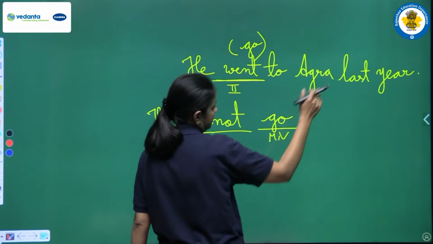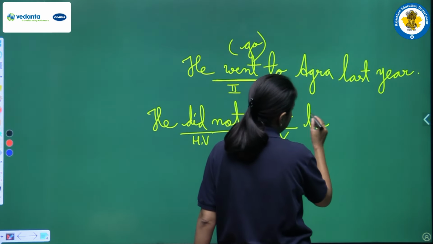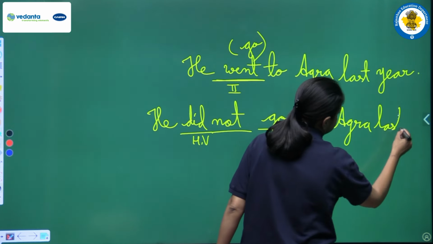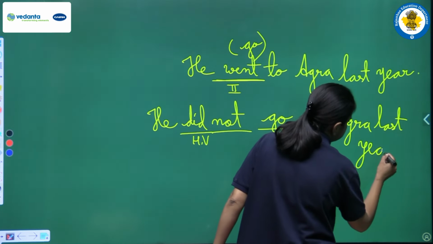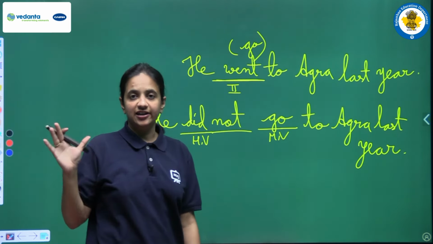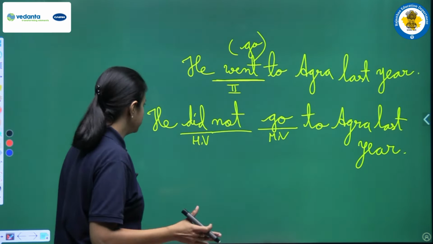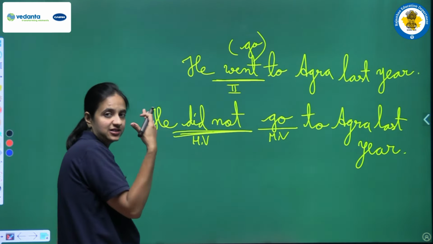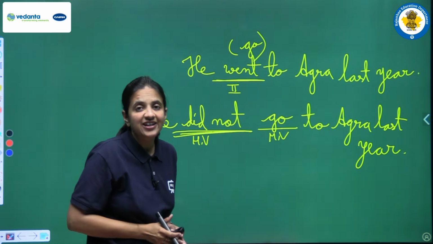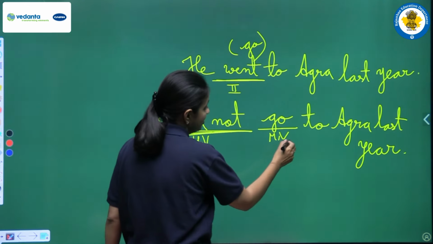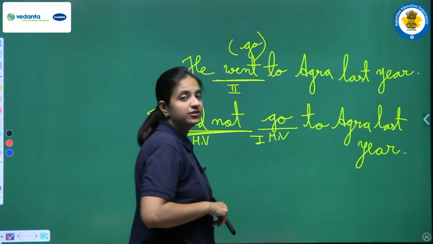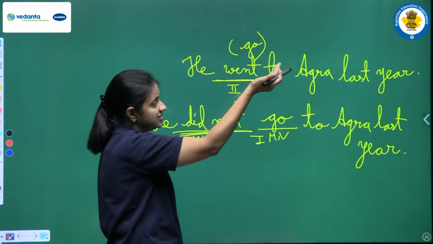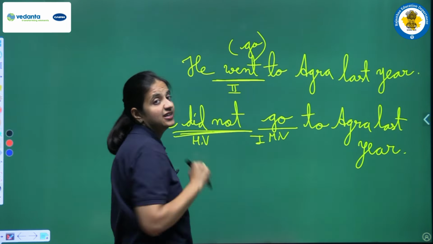Next the same sentence will follow: to Agra last year. So in a negative sentence we use the helping verb did, and if we are using did, we have to write the first form of the main verb. But in a positive sentence, where did is hidden, we have to write the second form.